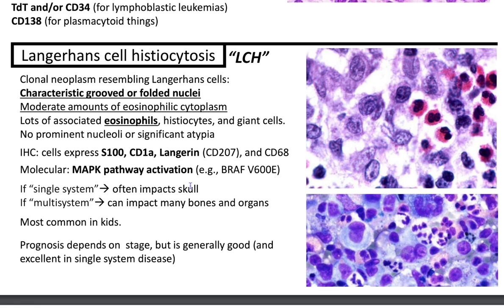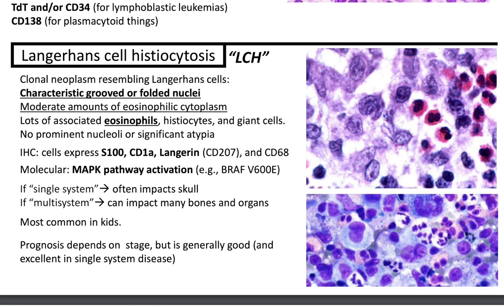Langerhans cell histiocytosis, you'll have your characteristic grooved or folded nuclei, moderate amounts of eosinophilic cytoplasm, lots of associated eosinophils, as well as histiocytes and giant cells. You won't see prominent nucleoli or significant atypia, but your main bet to really cinch this diagnosis is your IHC and molecular.